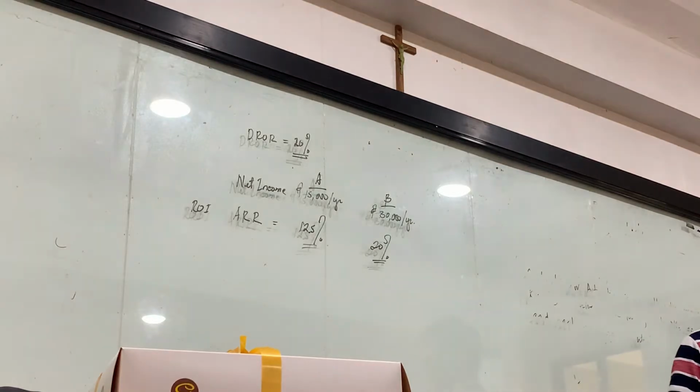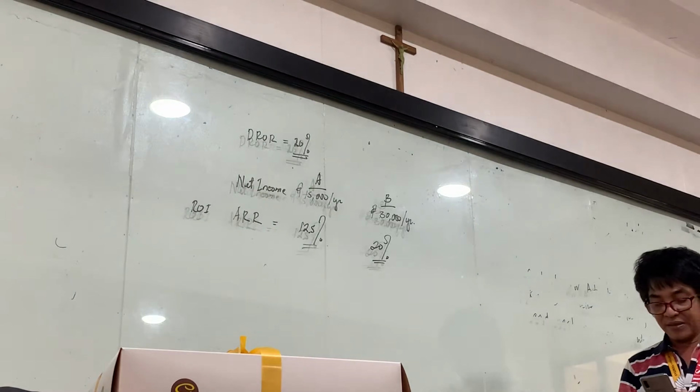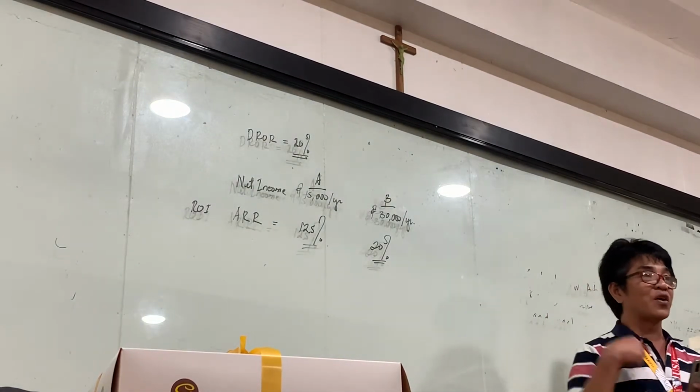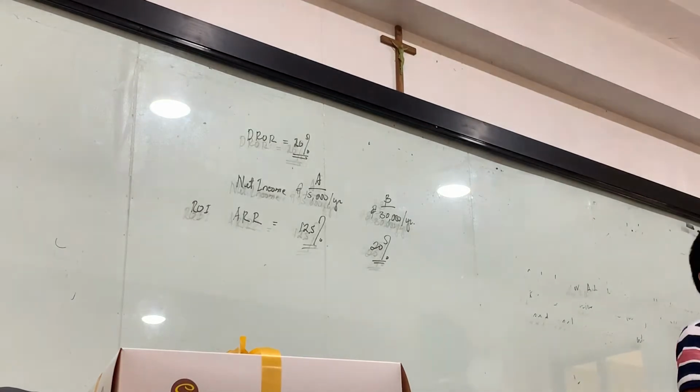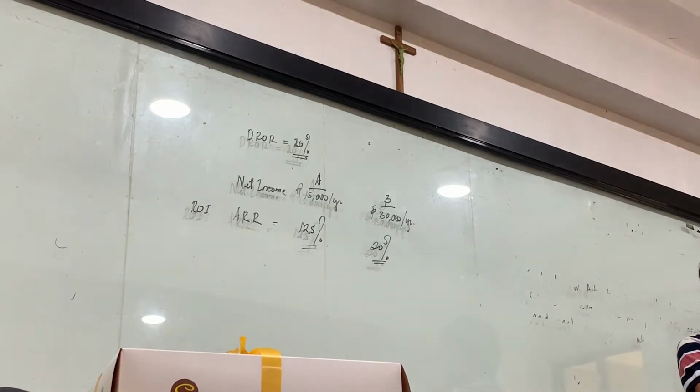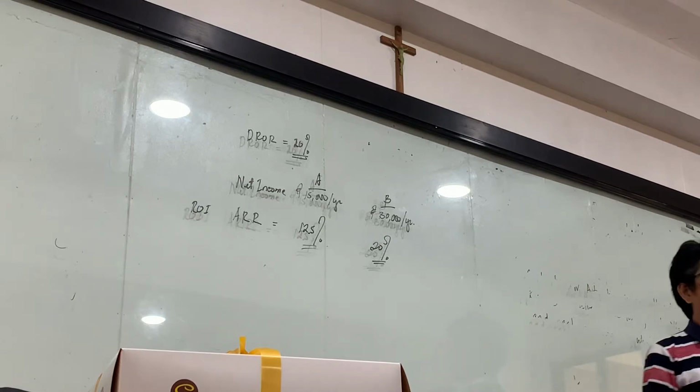Third, it considers income over the entire life of the project. That is why the formula that we are using is average net income divided by average investment.